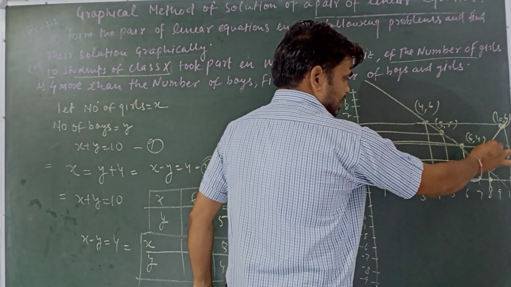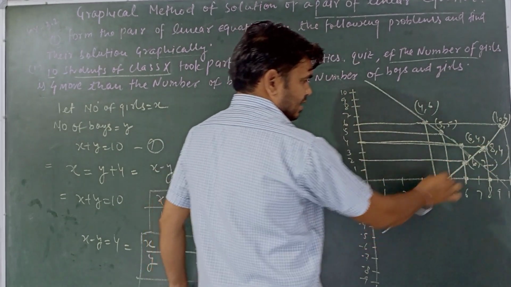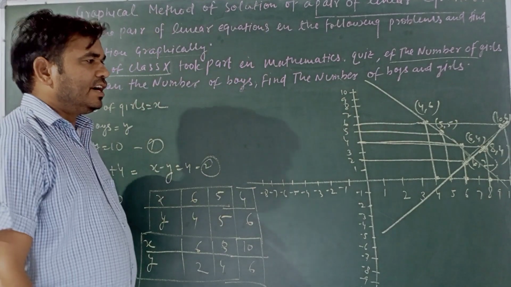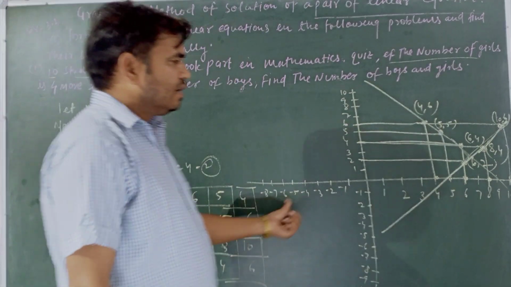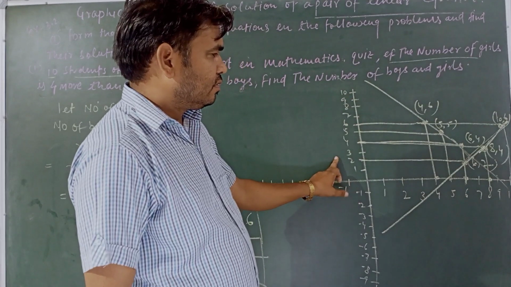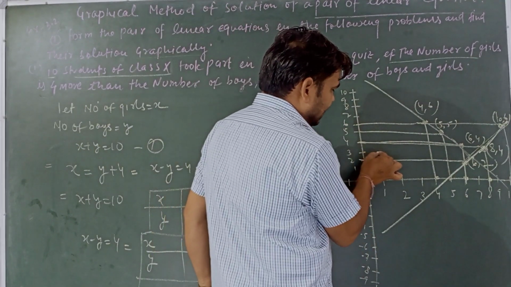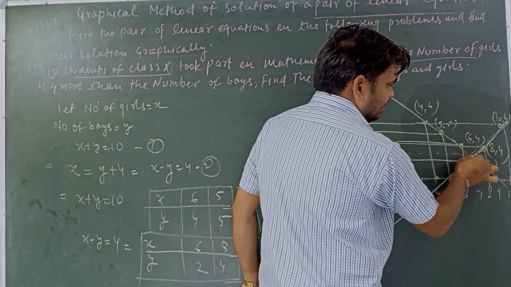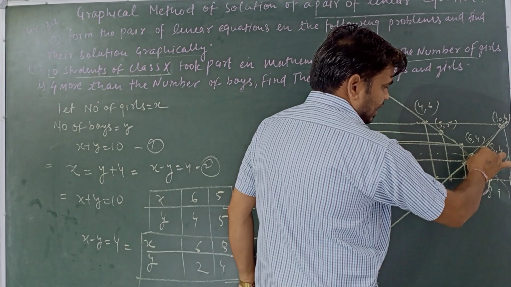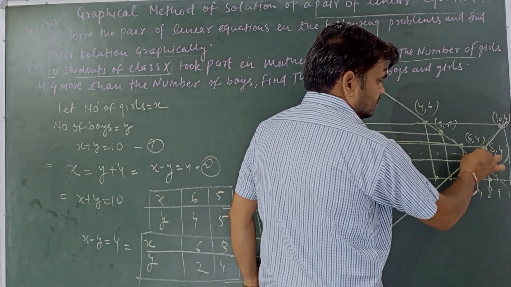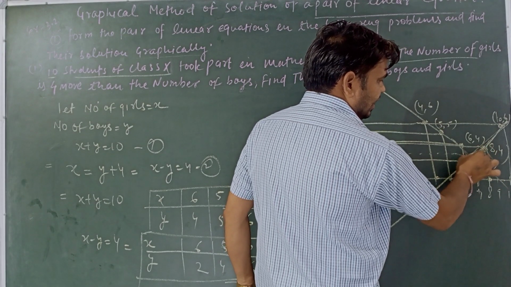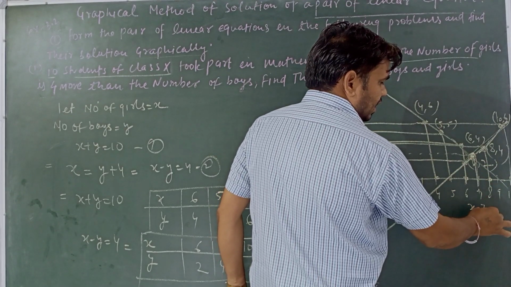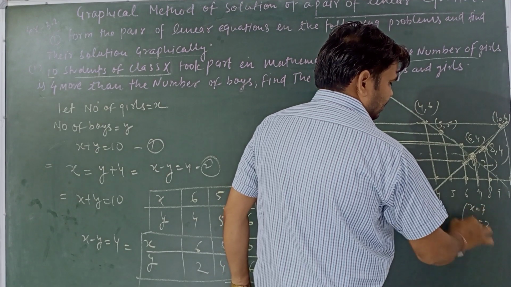We join these points and look at where the lines meet. The meeting point, the common point, gives x equal to 7 and y equal to 3.